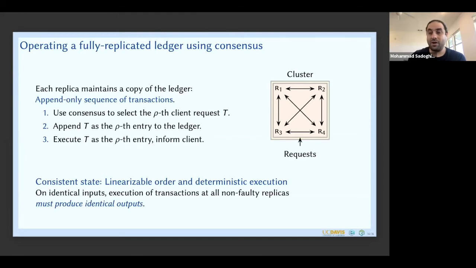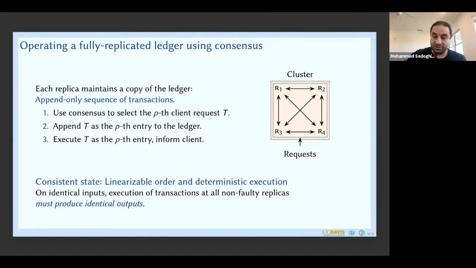So although the log is consistent, there will be inconsistency in the actual state of the data. Therefore, most of these consensus systems do assume that the execution itself is deterministic.